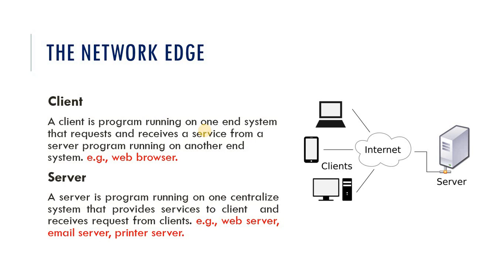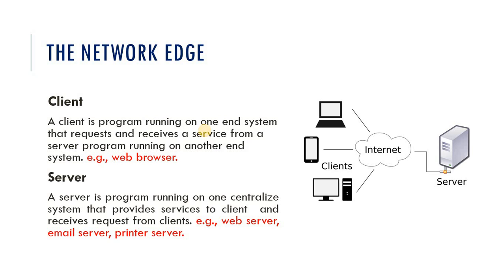What is a server? A server is a program running on a centralized system that provides a service to the client and receives requests from the client. For example, a web server, email server, or a printer server. Suppose I am searching for current trends on Google. Google has its own servers, which store thousands of GBs of data.